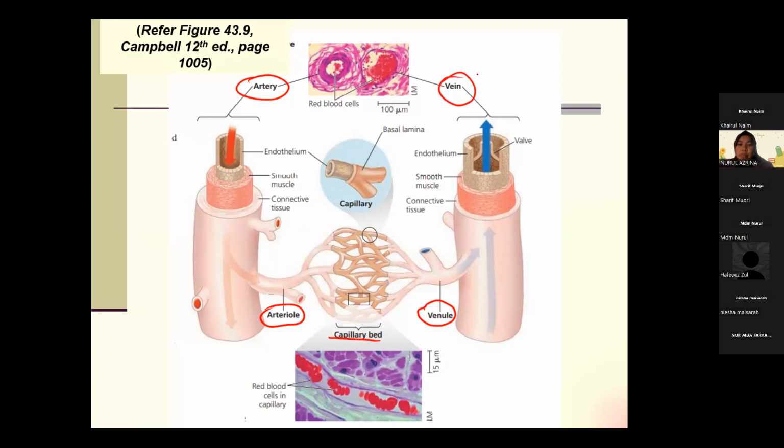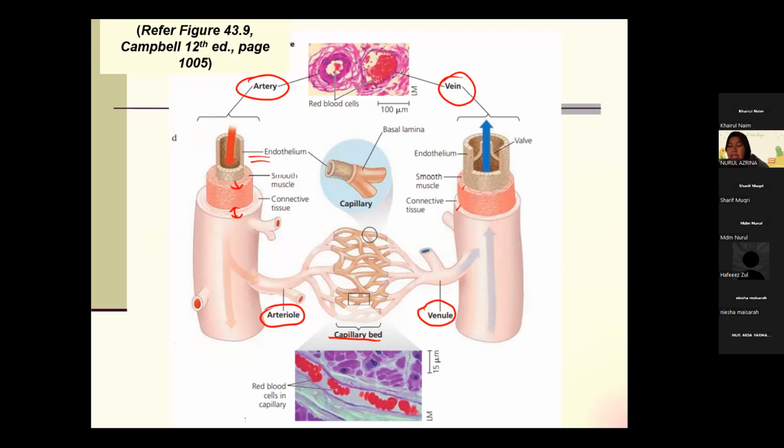All right, so both artery and vein have 3 layers of tissue. You can see the first layer over here, the second layer of smooth muscle, and the endothelium. Right, the same for the vein.